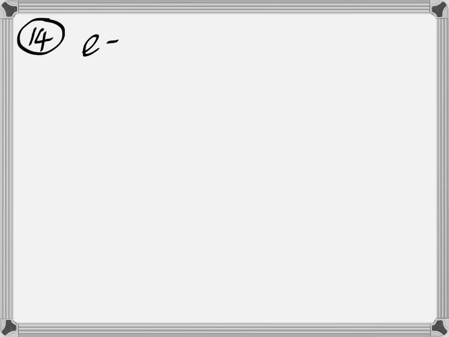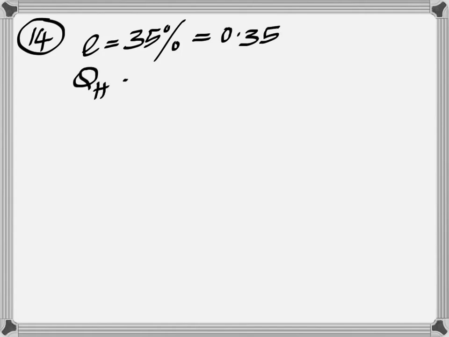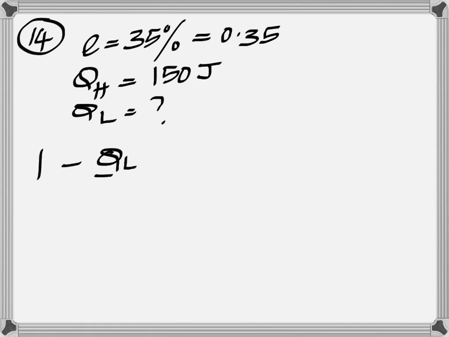All right, 14. If you didn't get it, here it is. 35%. I told you it's always taken as 0.35. And QH is given. How do you know? Because it says receives. It's 150. You have to find QL. So that's the formula for efficiency.